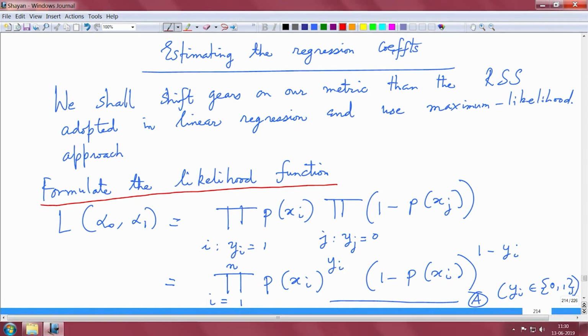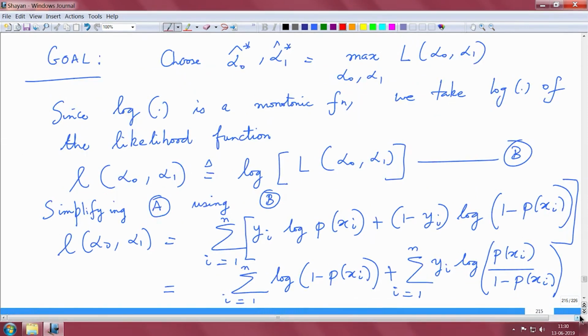Now, this quantity L of alpha naught comma alpha 1 has to be maximized over the variables alpha 0 and alpha 1, because those are our unknowns, and we have to maximize with respect to these unknowns to get a better fit to the model, that is, we want the parameters to fit the model.